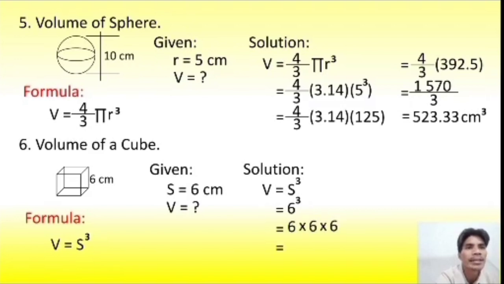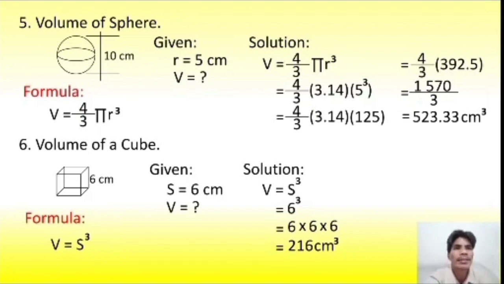Then equals 6 times 6 times 6 is 216. Then copy centimeter, then write cube. So the volume of the cube whose side is 6 cm is 216 centimeter cube. So ganun po ang pagkuha ng volume of a cube.